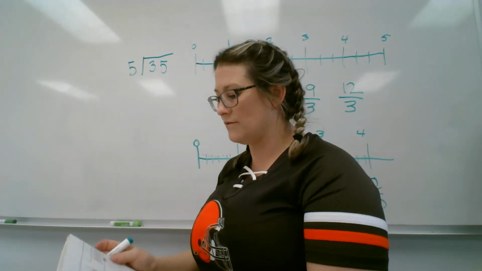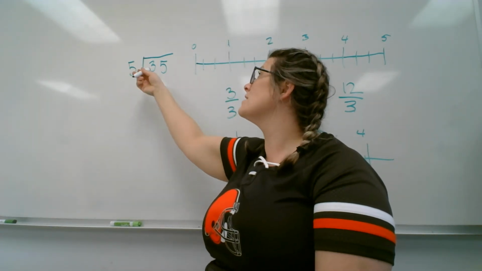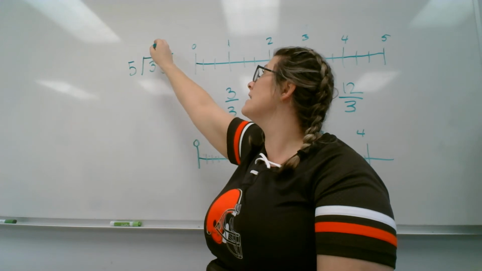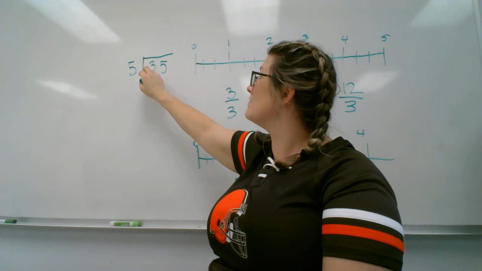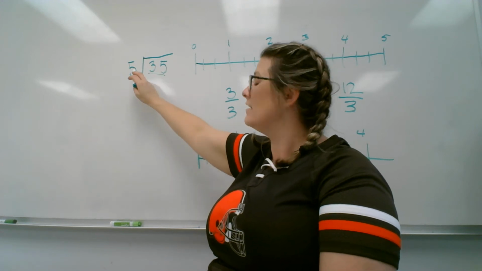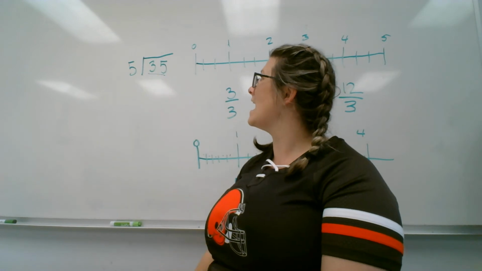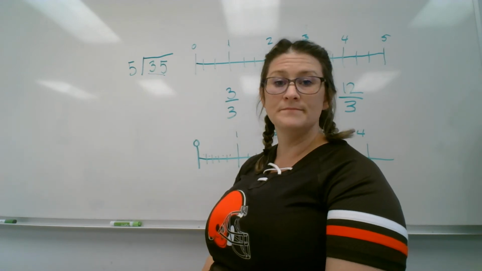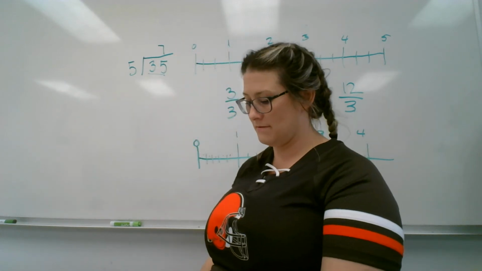Then I solve. Remember, the number 5 goes into 35. That number is going to go over the second number because 5 does not go into 3, 5 goes into 35. So you're going to solve: 5 goes into 35 how many times? 7 times. My 7 is going to go above the 35.